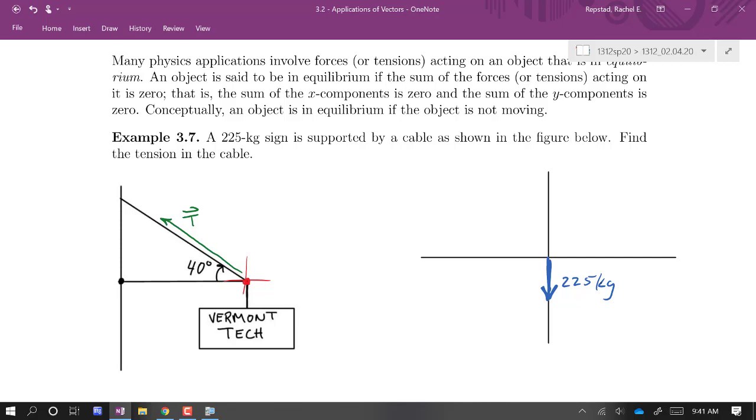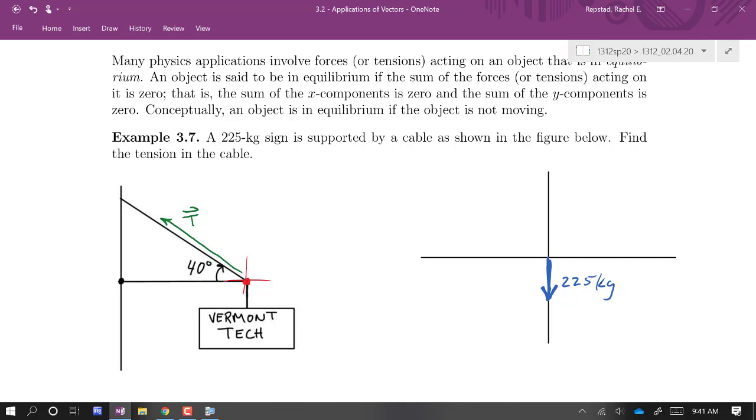Well, the vector that I just drew, what's the y component? It's negative 225. The components are signed, positive or negative. And the x component is 0.